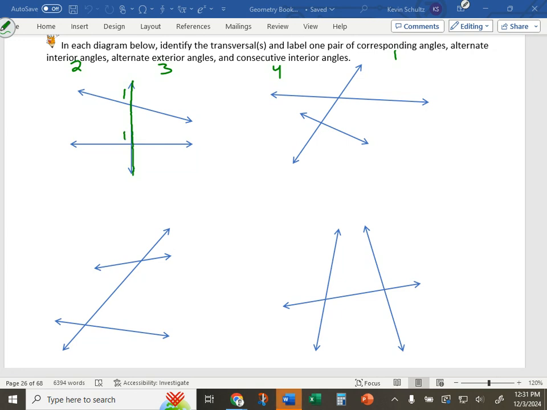They're in the same location, on that top left section of each point of intersection there. Okay? Alternate interior angles. You can put a 2 here and a 2 here. Alternate interior, opposite sides of the transversal, inside the lines.